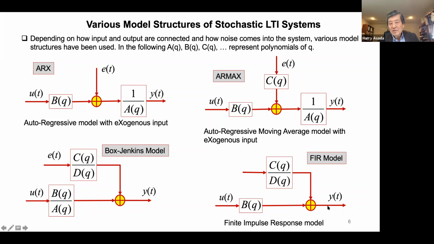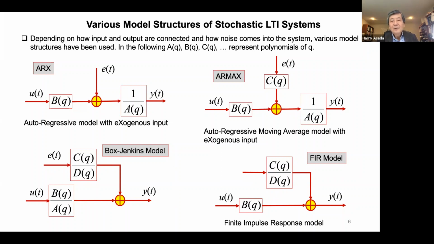So this one is the finite impulse response type of model with some colored noise dynamics that comes in. This particular part is also very useful, as we will discuss next time. So we focus on the ARX, ARMAX, and FIR models today. The Box-Jenkins model needs a slightly different type of treatment, and we will not cover that in class.